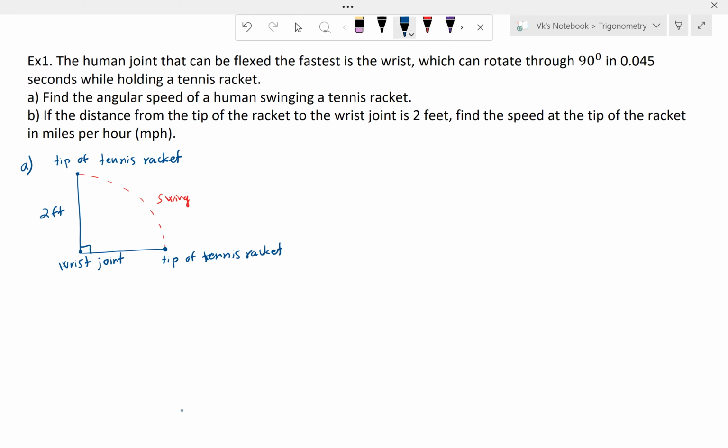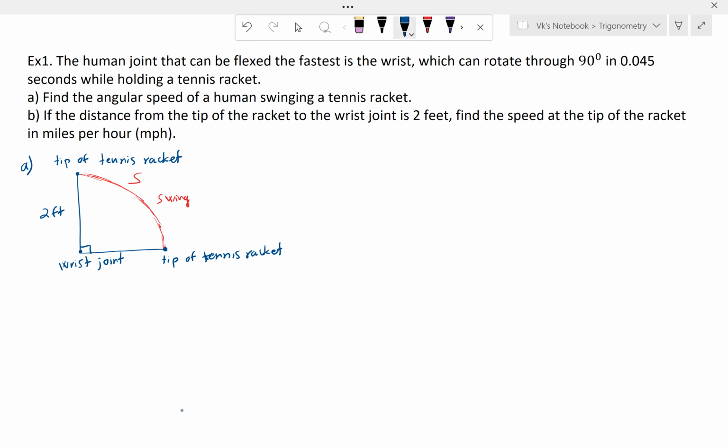From here we see that the swing is this arc length right here, which is S.